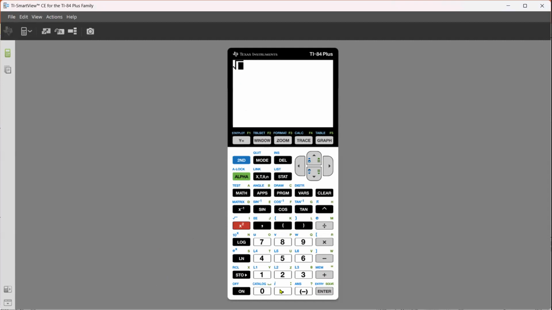So this is 0.25, my p, times q, which is 0.75. Order of operations means it will multiply before it divides, so it evaluates properly.